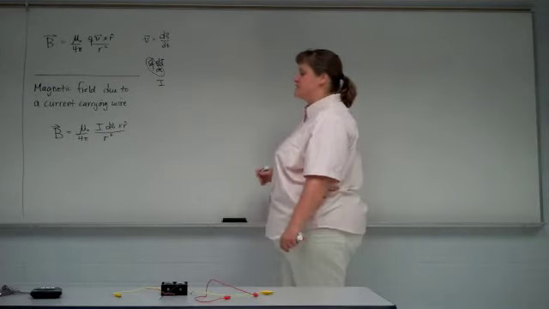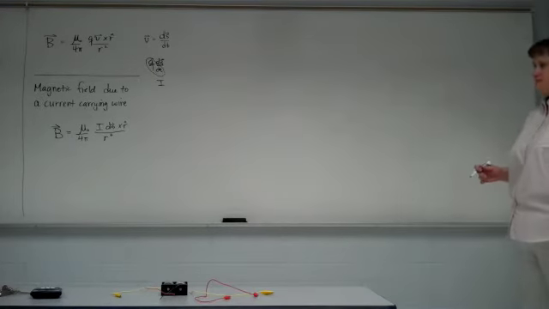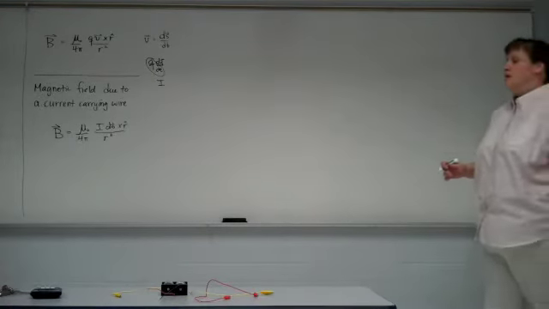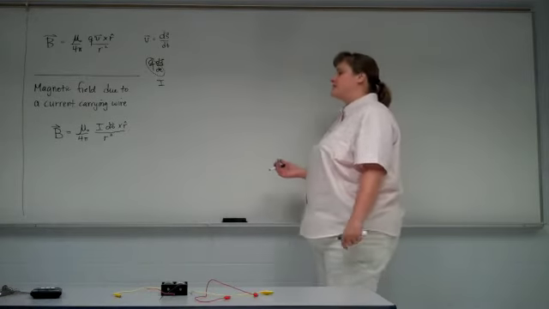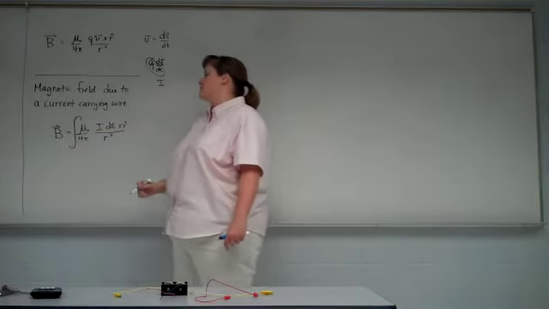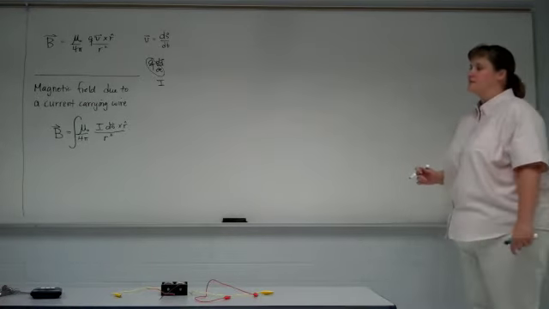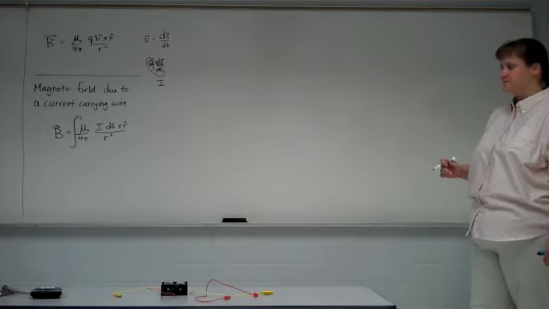R squared is the distance away. Now, similar to electric fields, we need to sum the contributions from each piece of the wire to the magnetic field at a given point.